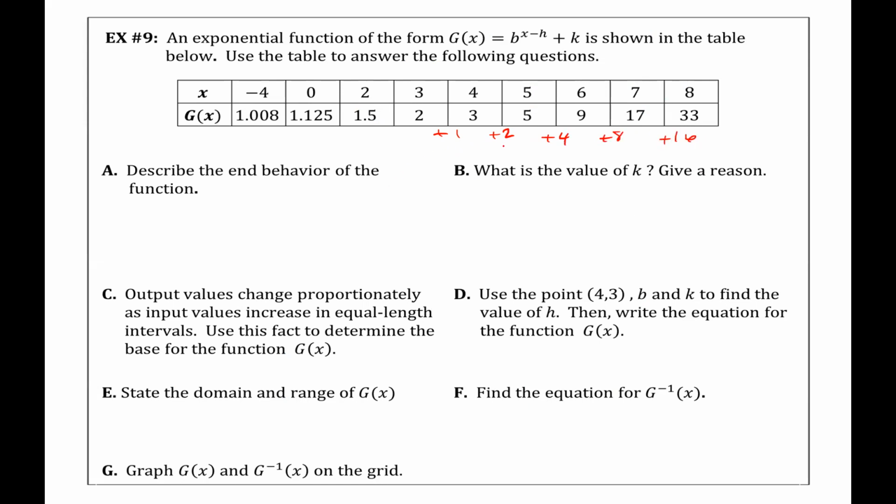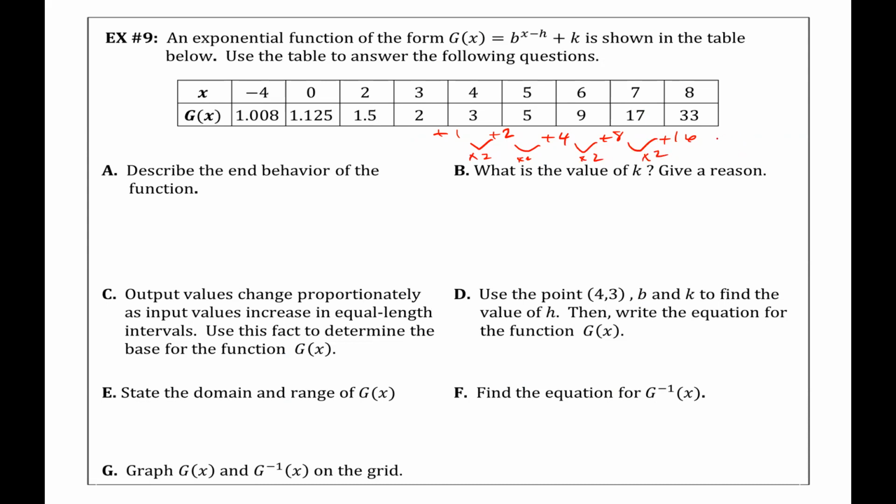So what do I notice is happening here? Well, from here, I notice that there is a common ratio. So this is times 2, times 2, times 2, times 2.